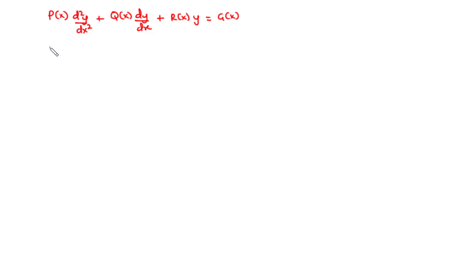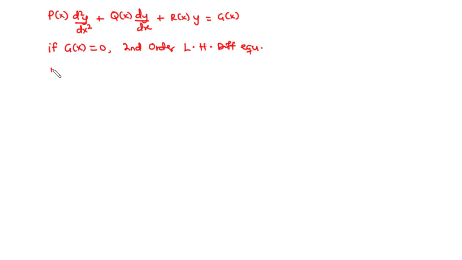So if g of x is equal to 0, then we have a second order linear homogeneous differential equation.